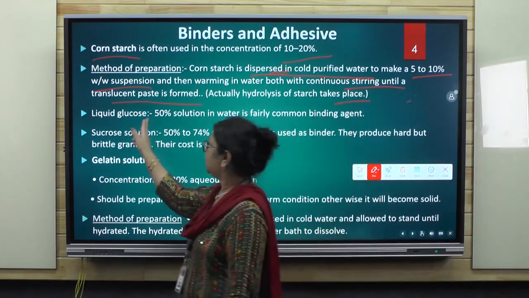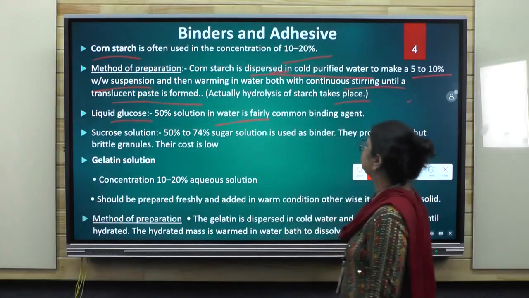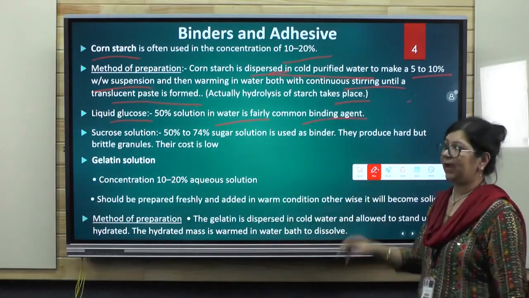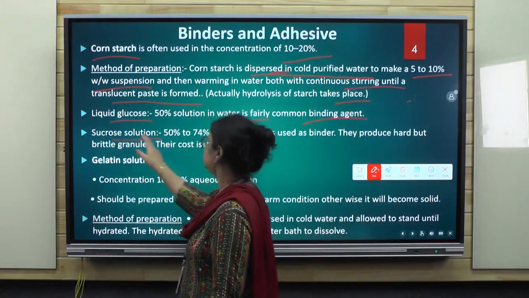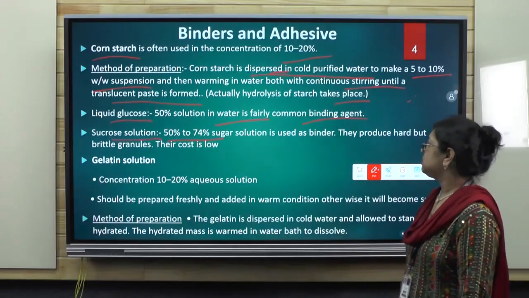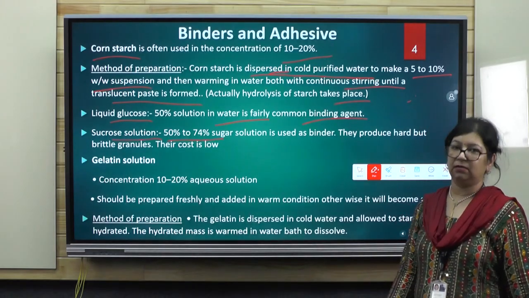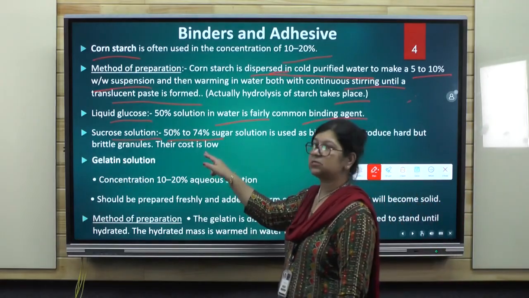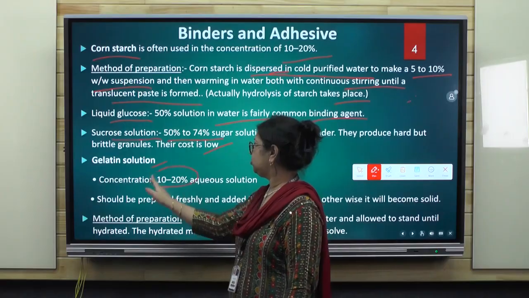Now the second one is liquid glucose, which is a 50% solution in water, and it is a very common binding agent. Sucrose solution is used in the concentration of 50 to 74%. Sugar solution is used as binder. They produce hard but brittle granules, and their cost is low. Gelatin solution, concentration used is 10 to 20%.